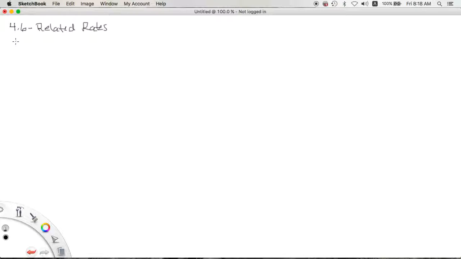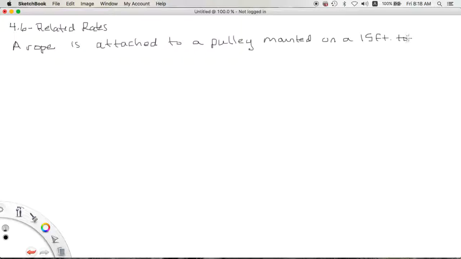So the first example, let's go with this. A rope is attached to a pulley, which is mounted on a 15-foot tower. The end of the rope is attached to a heavily loaded cart, hence the pulley.